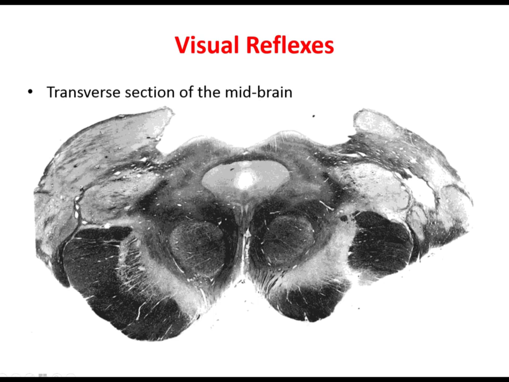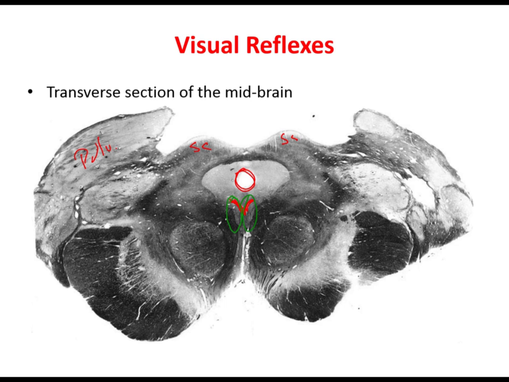So here, if we look at our cross-section of the midbrain that you've seen in class, let's look at some of these structures. Here we have our pulvinar complex. Here's our cerebral aqueduct. Here's our superior colliculus. Here, the area in red that I'm going to draw is the Edinger-Westphal nucleus. And I'm going to draw in green, on the left and right sides, the oculomotor nucleus.